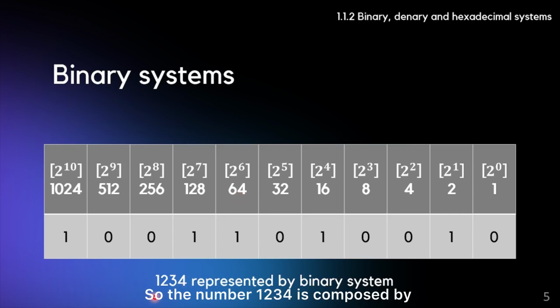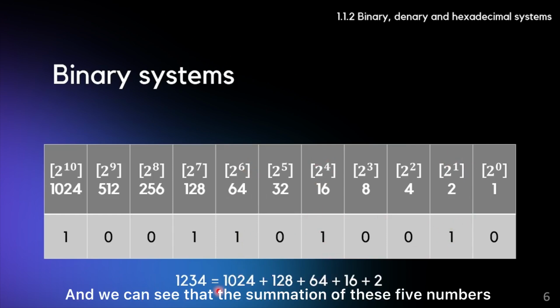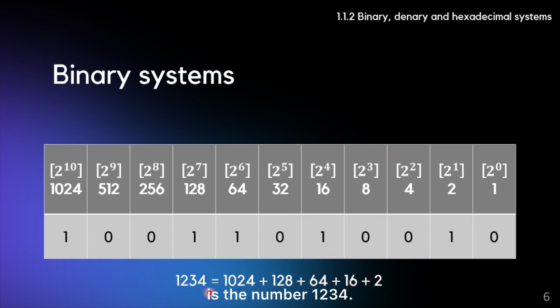So the number 1234 is composed by 1 × 2 to the power of 10, 1 × 2 to the power of 7, 1 × 2 to the power of 6, 1 × 2 to the power of 4, and 1 × 2 to the power of 1. And we can see that the summation of these 5 numbers is the number 1234.